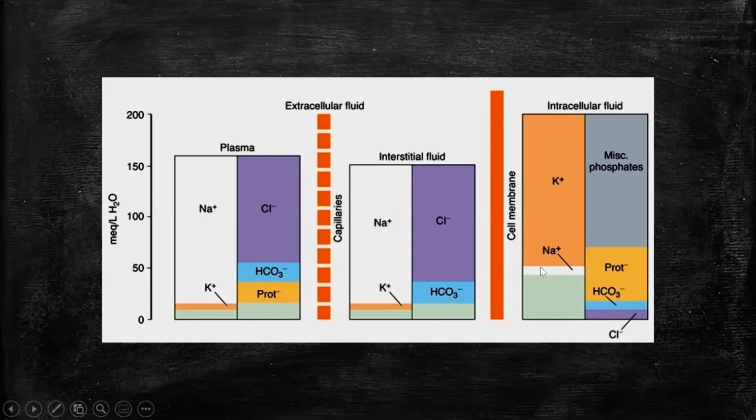It doesn't exist in any appreciable quantity in the intracellular fluid. So sodium is going to become a very important substance for us. If you look at all the IV fluids that we use, they contain various amounts of sodium. And it's that amount of sodium that's going to govern ultimately how these fluids are distributed throughout the body.